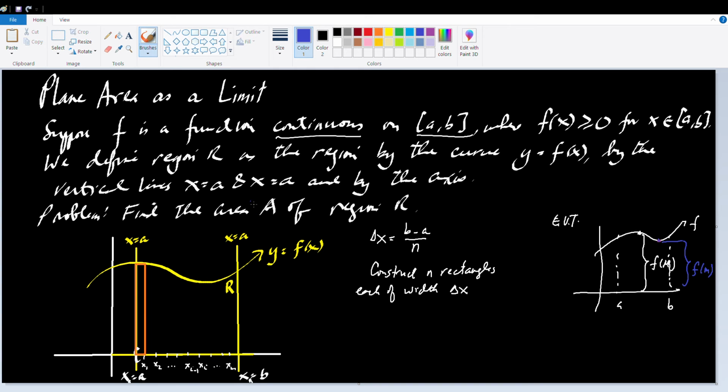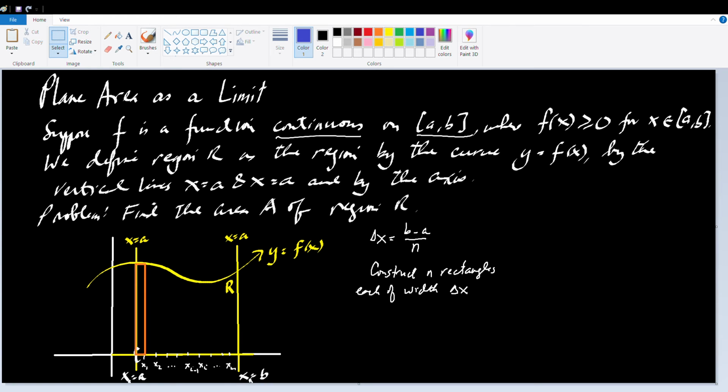Since the function that we are considering here is continuous on the interval [a, b], it follows that f is also continuous on every subinterval. As such, the function has an absolute minimum and an absolute maximum value on each of these n subintervals. So we continue by constructing n rectangles, each of width delta x.